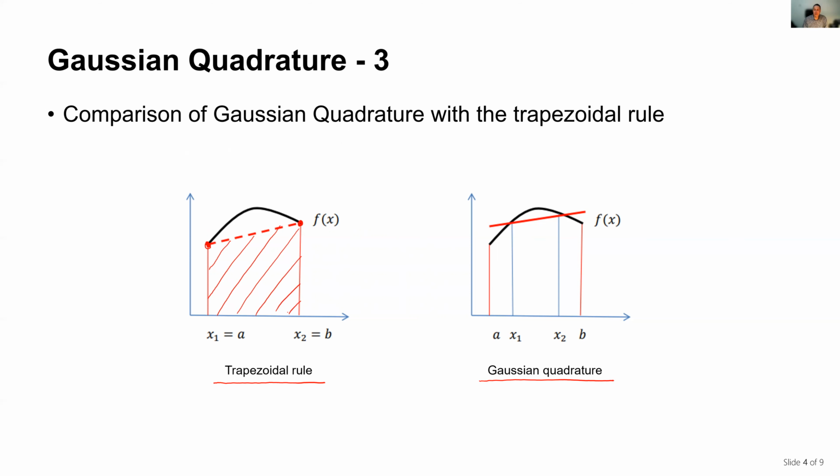While, for example, if we use a Gaussian quadrature scheme with 2 points here, then we simply calculate these values, multiply with the weights, and then we have a better approximation of the integral here.